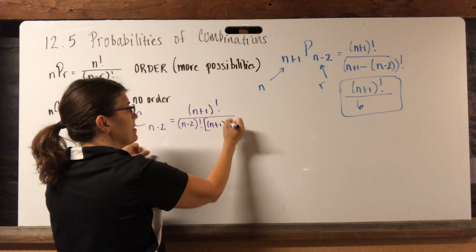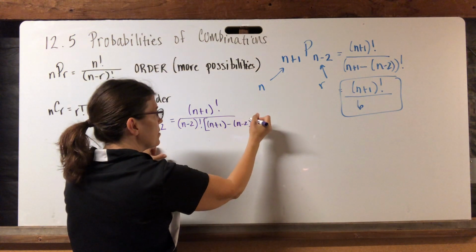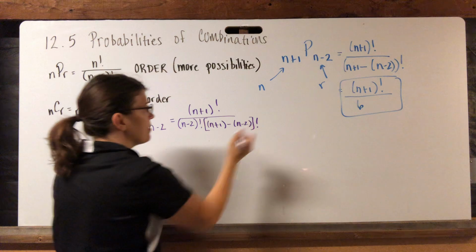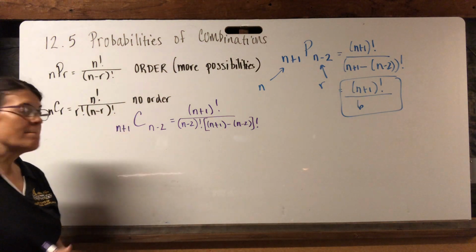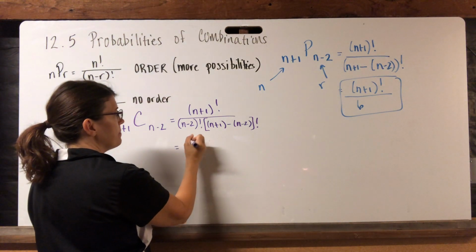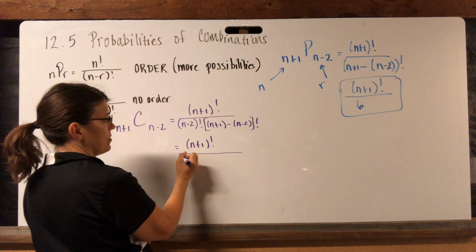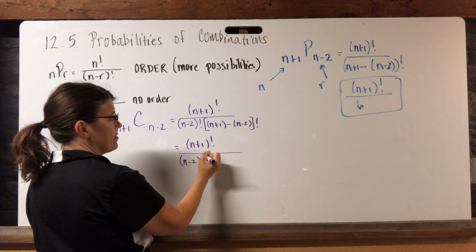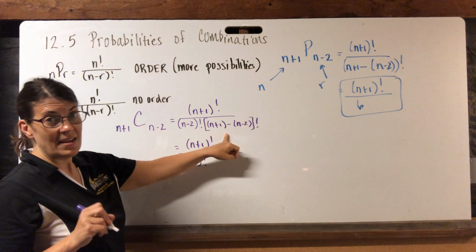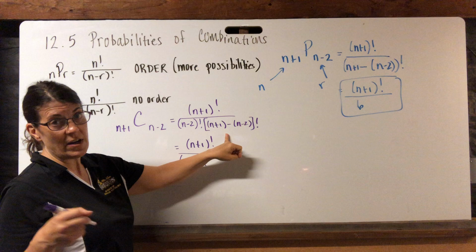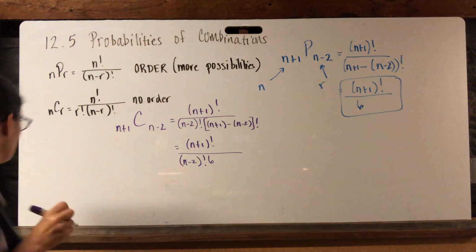N plus 1 minus N minus 2 factorial. Just plugging into the formula. N plus 1 over N minus 2. And then again, we just did N plus 1 minus quantity N minus 2, which was 3, factorial is 6. This can be simplified.